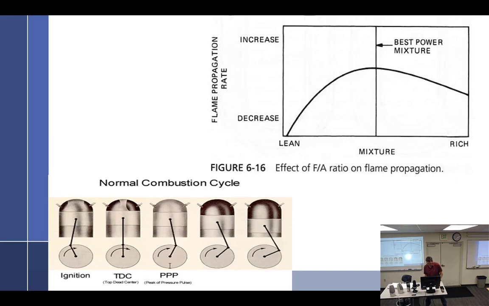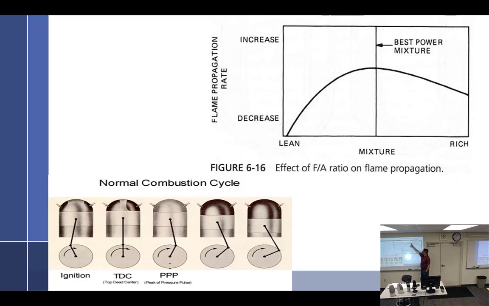Here we go, burn speeds. Here is a graph showing this. So, best power mixture. So we get our most power, right? Because you can look at what the curve is showing. Best power. Flame propagation rate. So this is how fast the flame is going to move. So we said a lean mixture burns the slowest.